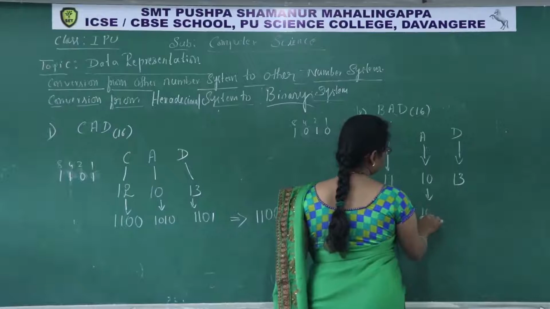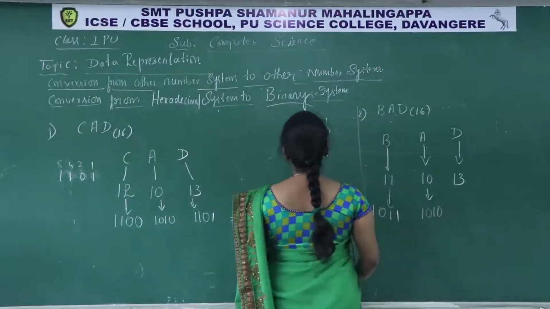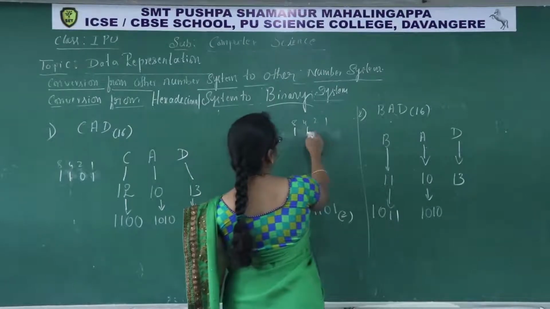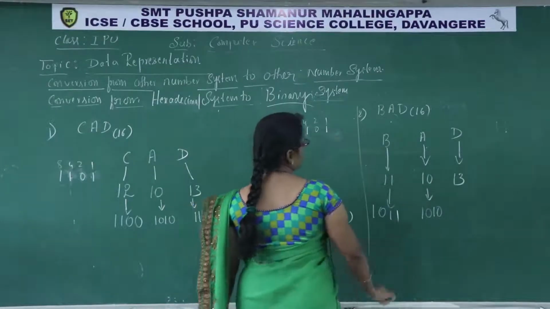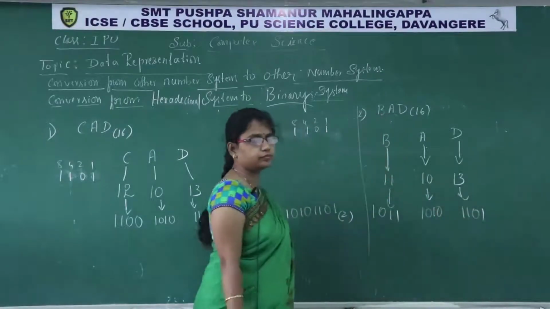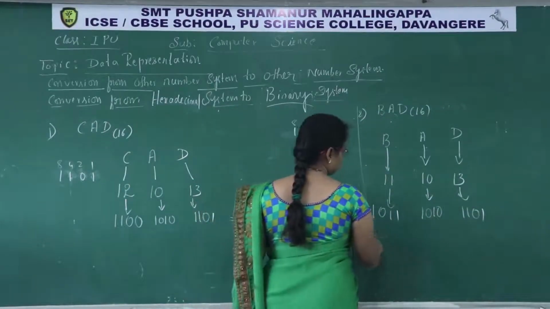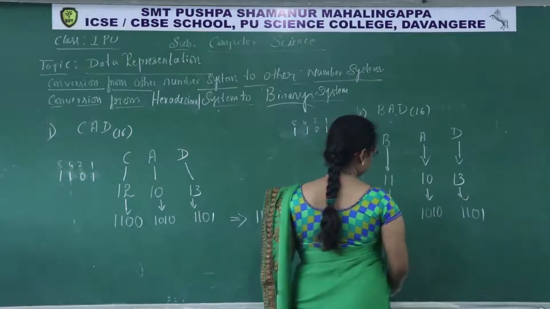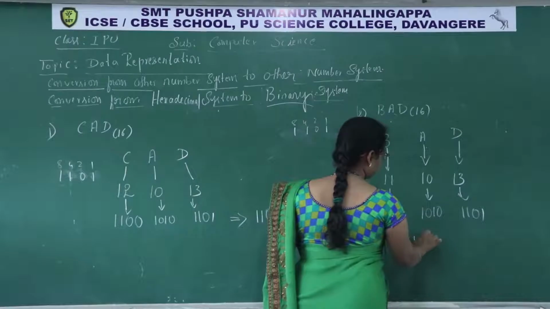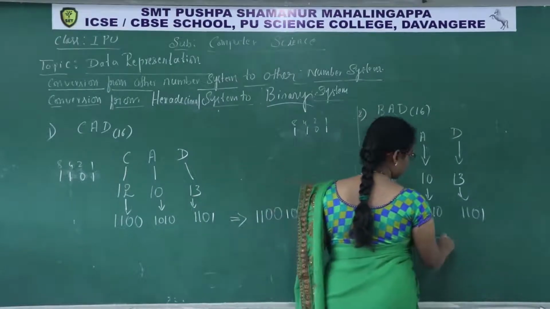For 13, 12 plus 1. How to make 12? 8 plus 4 is 12, 12 plus 1 is 13: 1 1 0 1. Then all together we write the binary value of the given hexadecimal.